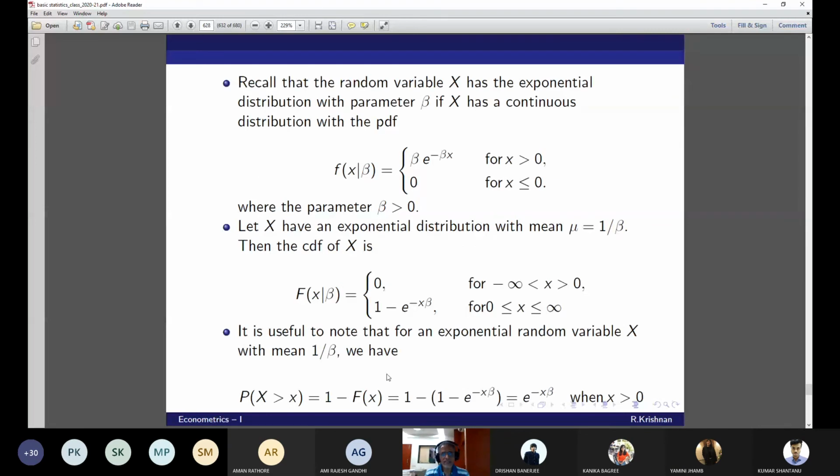Recall that the random variable x has an exponential distribution of parameter beta if x has a continuous distribution of PDF of this form, for x greater than 0, where the parameter beta is greater than 0. Take down the last one especially.